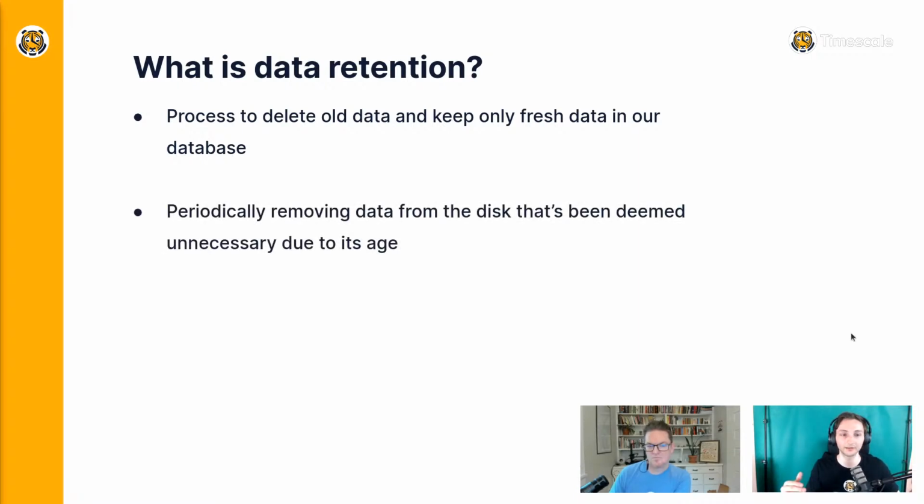And then with data retention, you periodically remove data from the disk, hence saving disk space. And you do this because you find older data unnecessary because it's too old. But it's also important that once you delete data, it's gone.